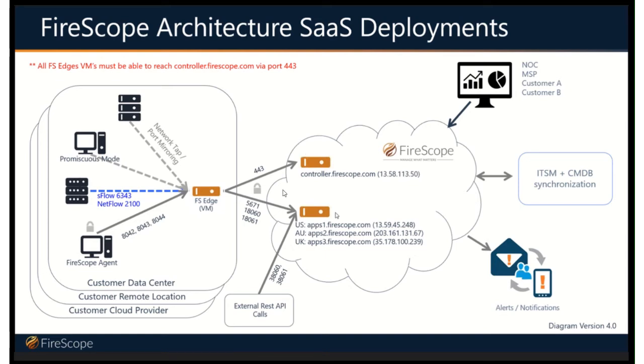Besides these two main elements, the cloud and the internal on-premise collector, the SDDM system also interfaces with a variety of other important tools, such as your email or notification services, so that if an alert needs to be sent, we can get it out to you that way.